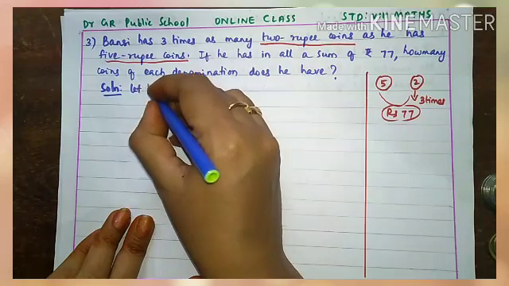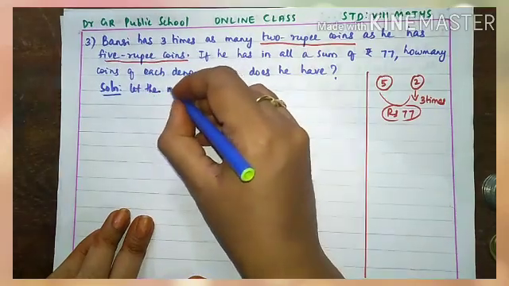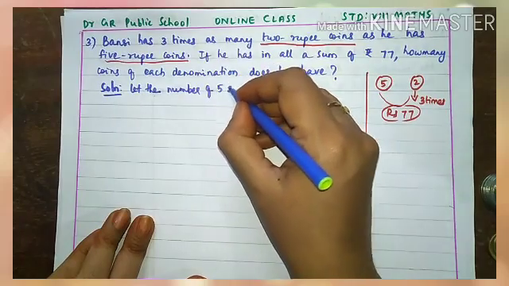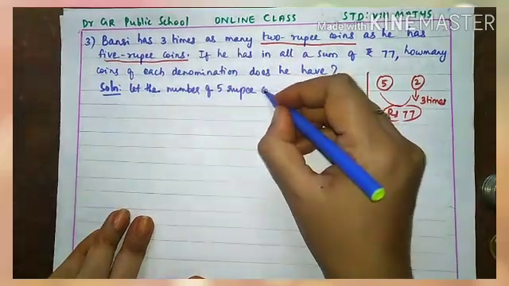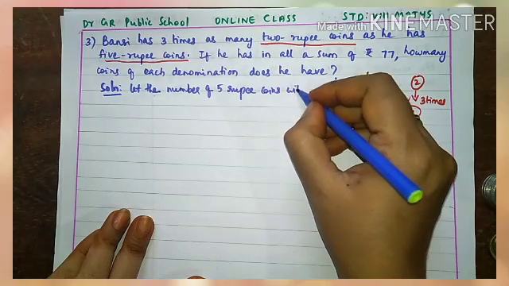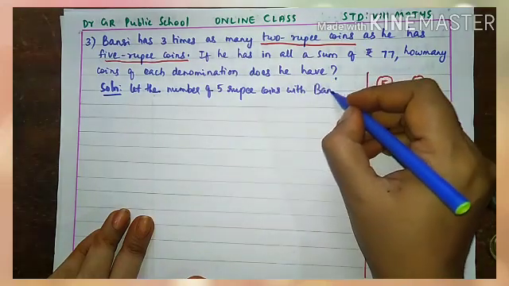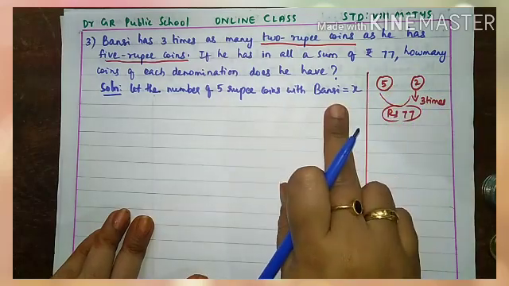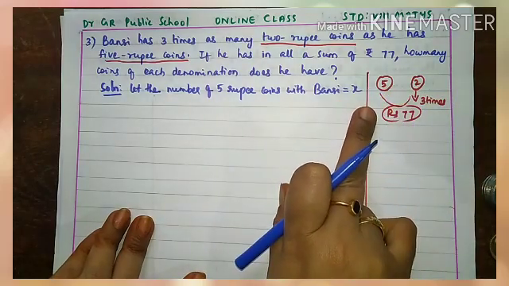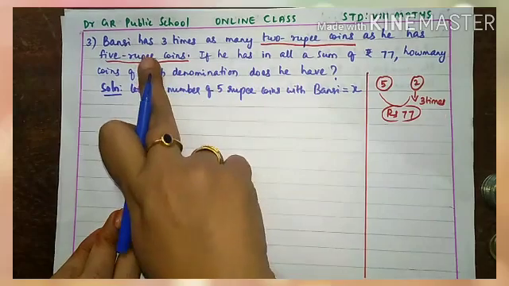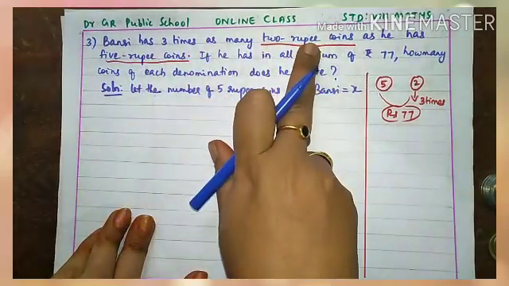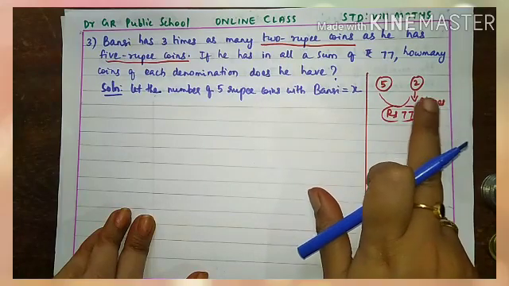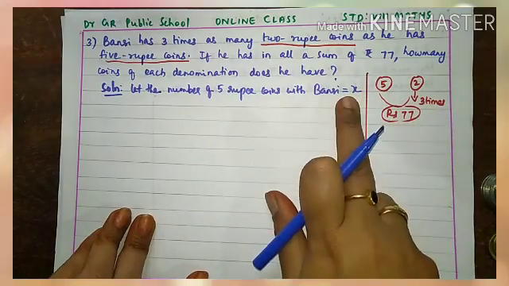So let the number of 5 rupee coins be x. So I have taken the 5 rupee coins as x. Can you say what the number of 2 rupee coins is then? It is given that 2 rupee coins are 3 times, so you want to multiply 3 into this x.